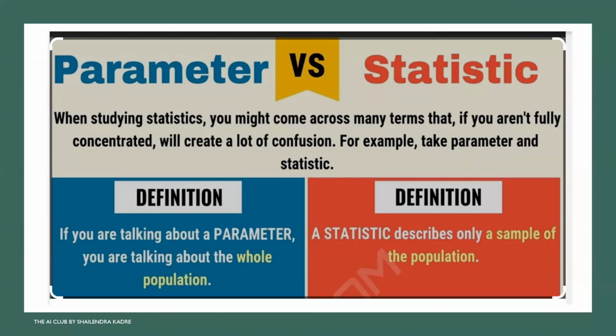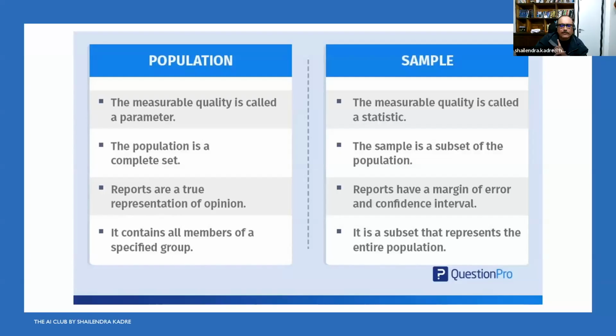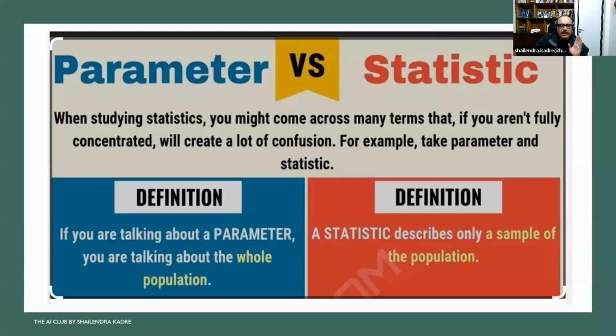Yes, sir. So two concepts we have discussed, population and sample. Population and sample were very obvious, very simple. But something to remember for parameter and statistic: parameter means population. Remember PP: parameter, population.